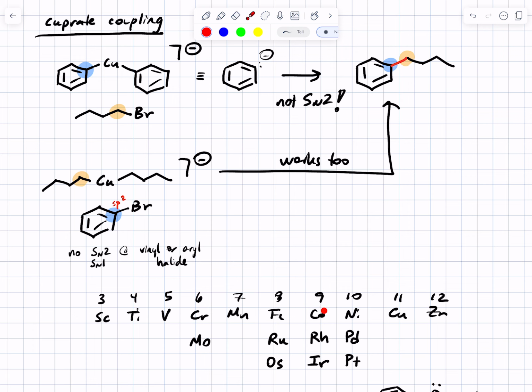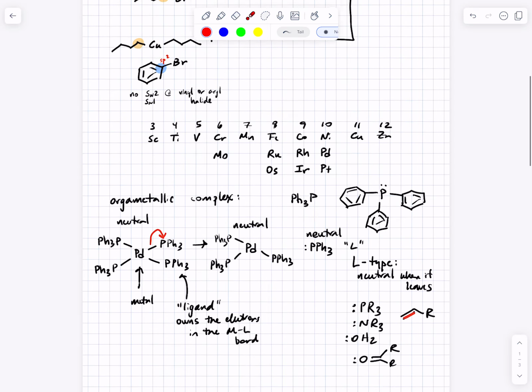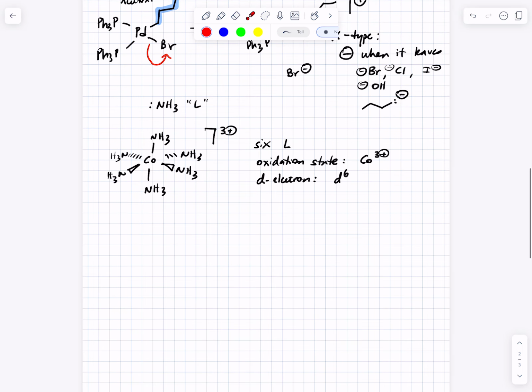And that would be true for metallic cobalt, but it turns out that when cobalt is bonded to ligands, the relative energies of the d orbitals versus the 4s orbitals switch, and the d orbitals get lower in energy, and so all of the valence electrons go into the d orbitals. That's something you don't necessarily need to worry about, but if you were worried about it, the answer is in a complex, the ligands make it so the d block is lower in energy than the 4s orbital. Okay, so cobalt is a d6 metal.